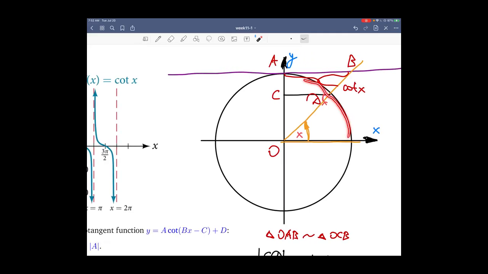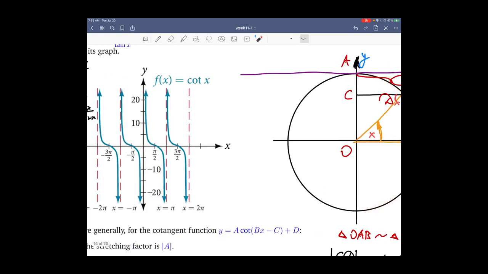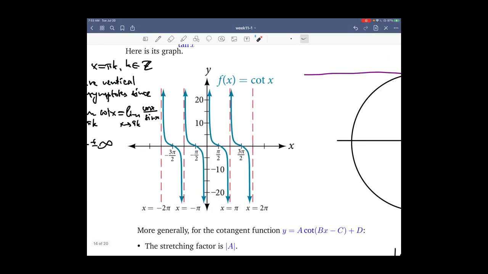As we increase in the first quadrant, cosine stays positive but decreases to 0. And sine stays positive but increases to 1. The value at pi over 2 in particular is simply 0. Cosine of pi over 2 is 0, sine is 1. So we have 0 at pi over 2.